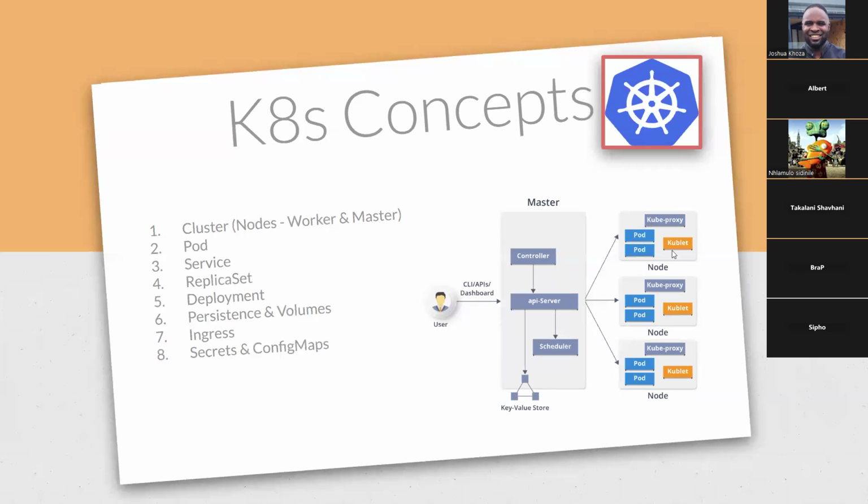We also have the kube proxy and the kubelet. These are some of the functionalities which each node would have. They help with communication and making sure all the pods are healthy and that there are pods running depending on how many you want to run at a specific time. But for now, let's just make sure we understand these concepts.